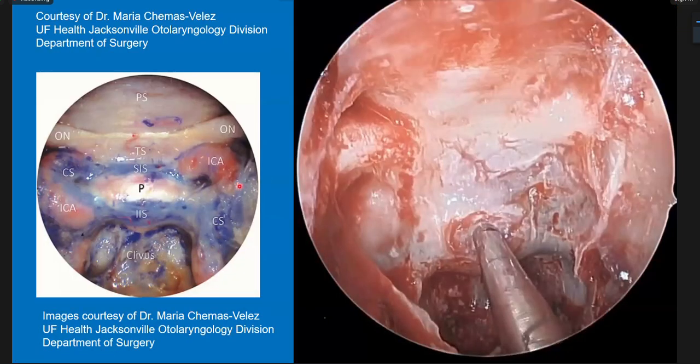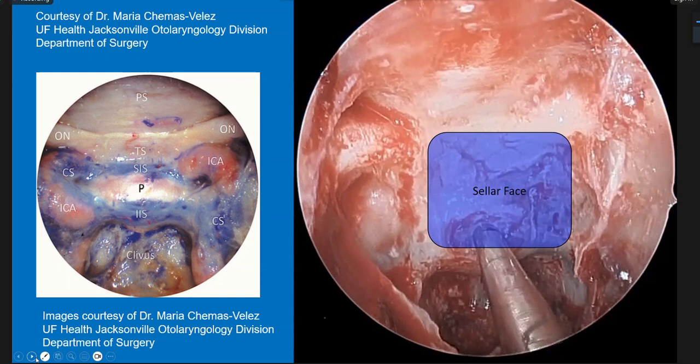You have again landmarks from an endoscopic perspective here. Just basically showing you the optic protuberance, the carotid arteries, and the clival recess.